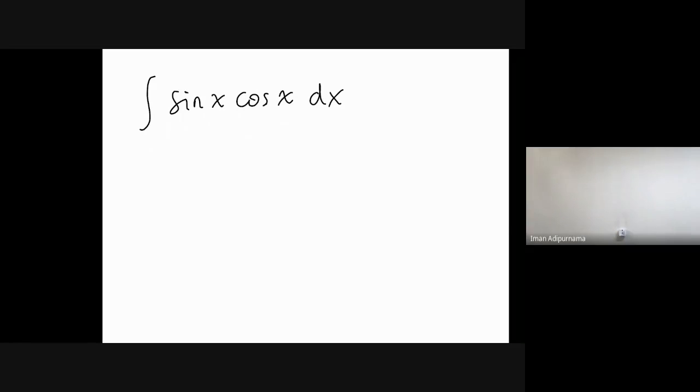Okay, try this one. Sine x cos x dx. Okay, what's the answer?